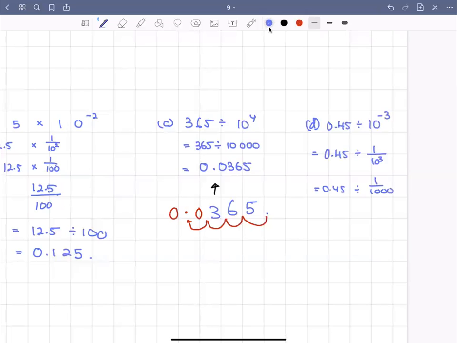Don't know what to do yet? It's okay. Change it to multiply and flip the second term. This one you should know by now. If we multiply by 1,000, how many times do we move to the right? 1, 2, 3. I'm going to add my 0 here. The answer would be 450.